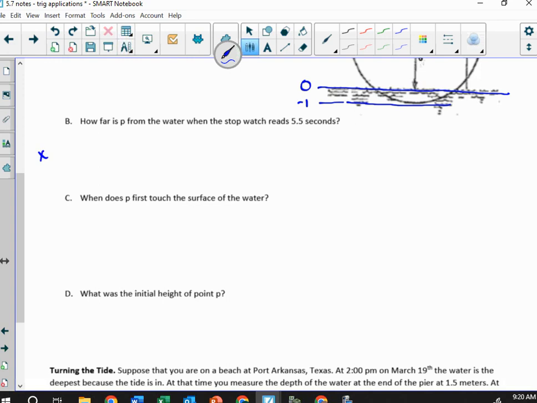So letter B, that's just plugging in x is 5.5. Guys, I'm going to start jotting some answers here. Check when you're ready.